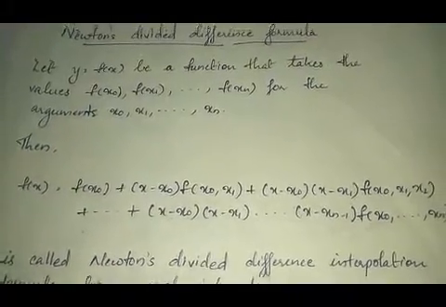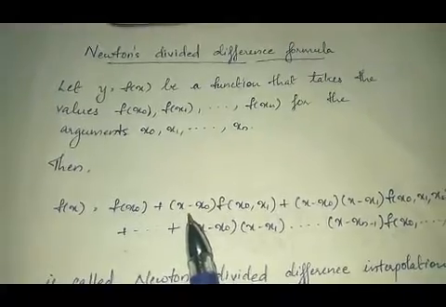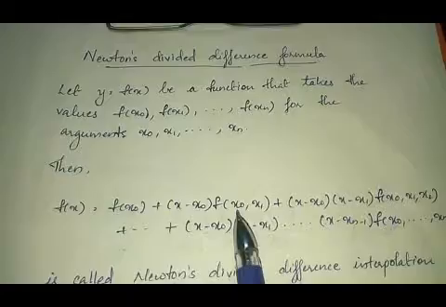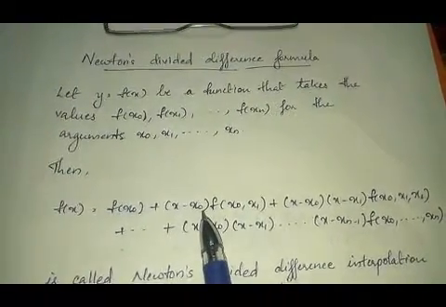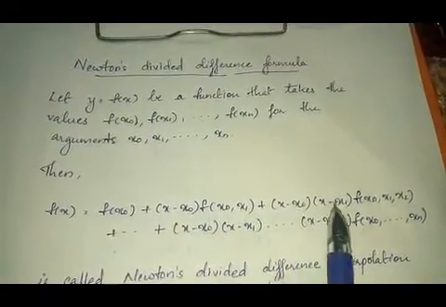Also in each term you can see that in the second term, where the first divided difference is used, you have just subtracted x with x0. In the next one, x is subtracted with x0 and x1.